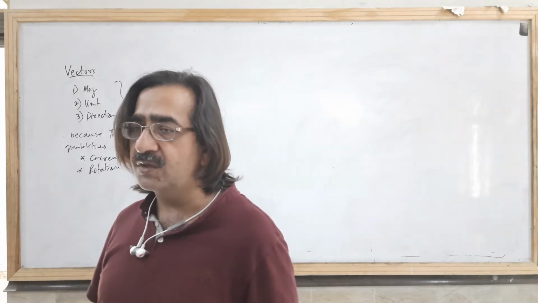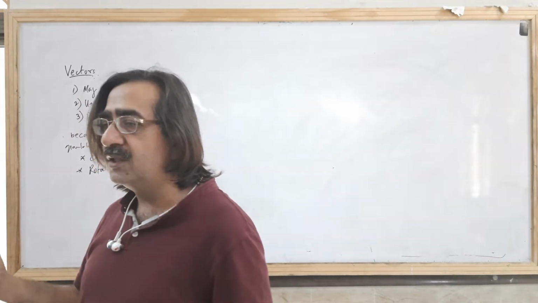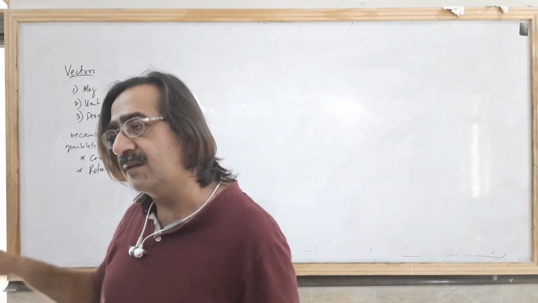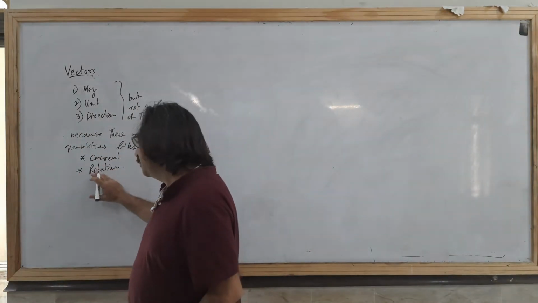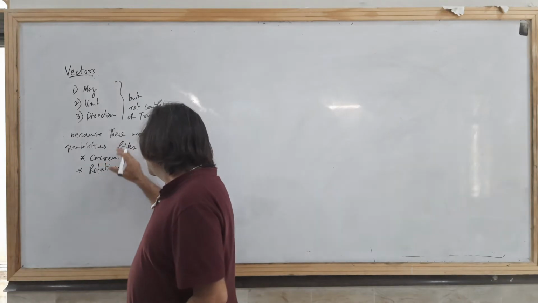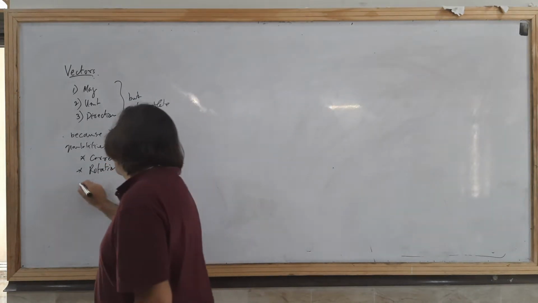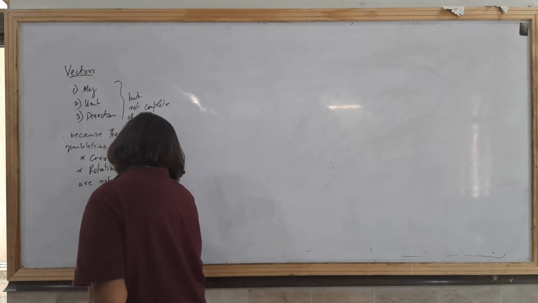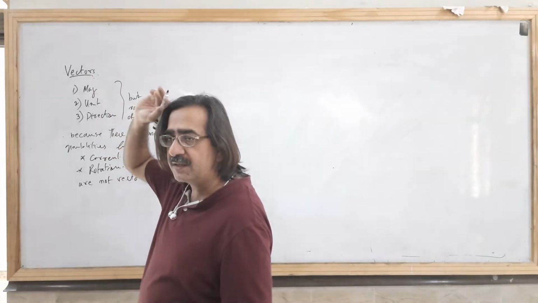But why does it not obey the law? I have experimentally shown that rotation doesn't obey the law of vector addition. So these are not vectors, even though they have magnitude, unit, and direction.